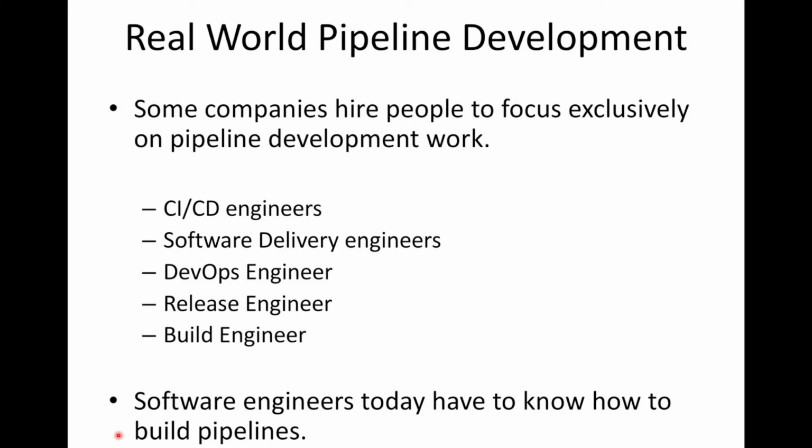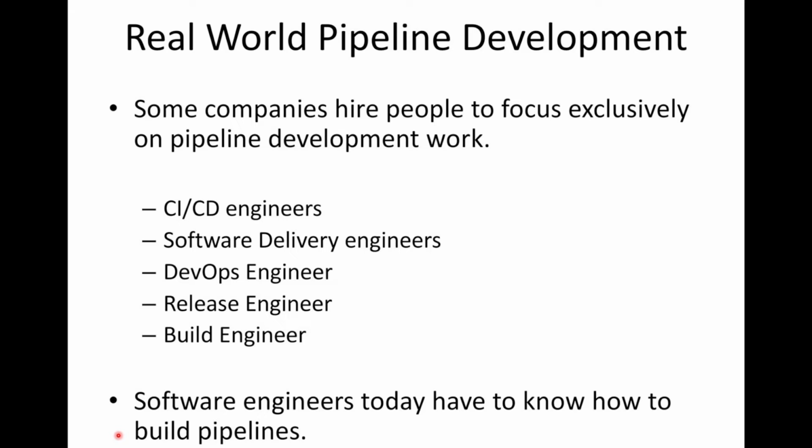Sometimes companies call these CI/CD engineers or software delivery engineers. I've heard terms like release engineer or build engineer, maybe even DevOps engineer. Companies are hiring dedicated engineers to work on these pipelines.